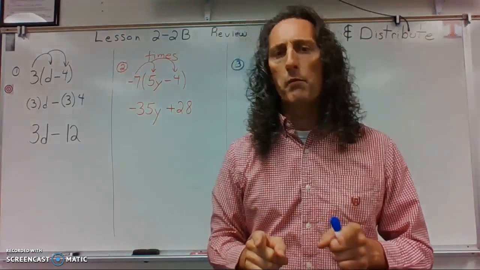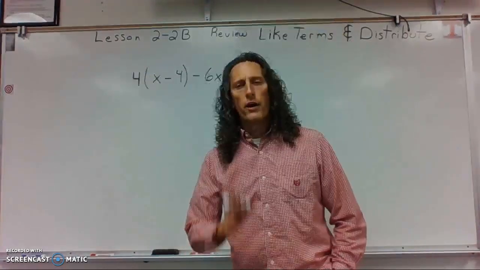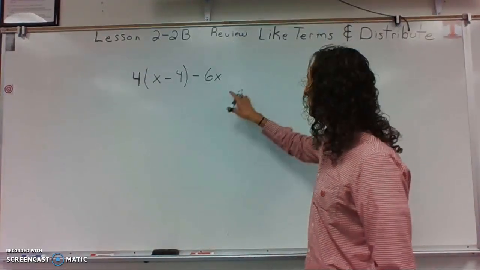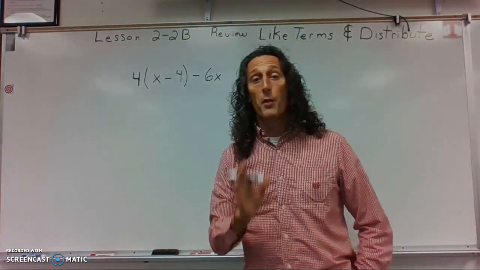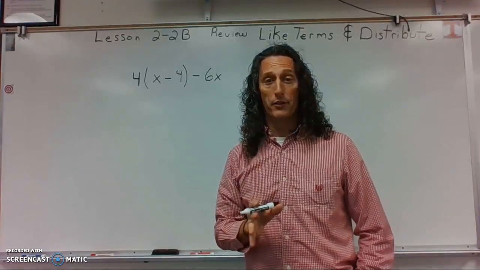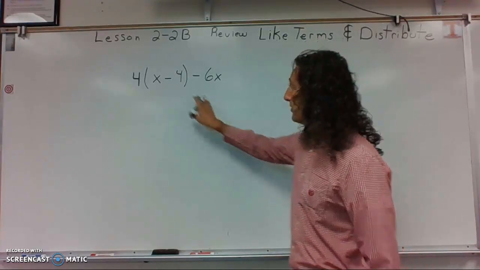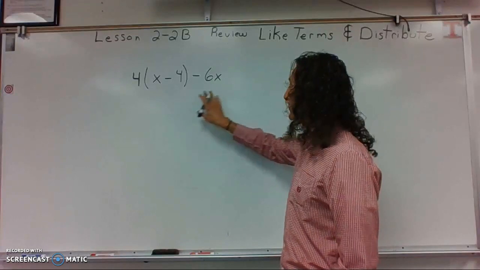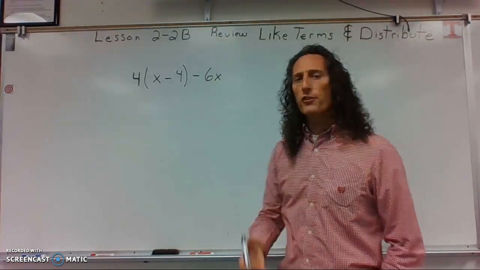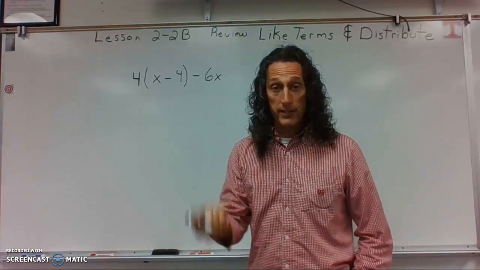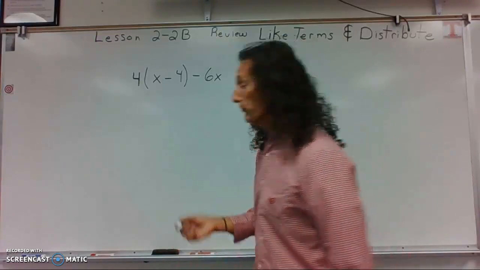So I have one more problem to show you. All right, so for our last little review on like terms and the distributive property, once in a while they will actually put them together. So what you can see up here is I do have parentheses, and then I have this x term out here by itself, right? So the first step is let's get rid of the parentheses, right? Let's distribute first.